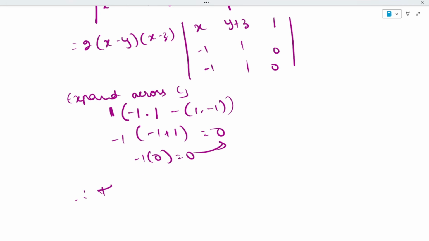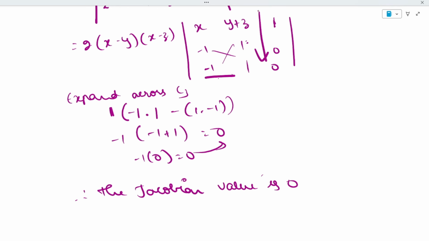Therefore, the Jacobian value is, you can expand it through any, you can take out here 1 into minus 1 into 1 minus 1 into minus 1. This means you will do cross multiplication, that is through column 3. Column 3, this is a column, this is a row. Okay, I hope you got this question.